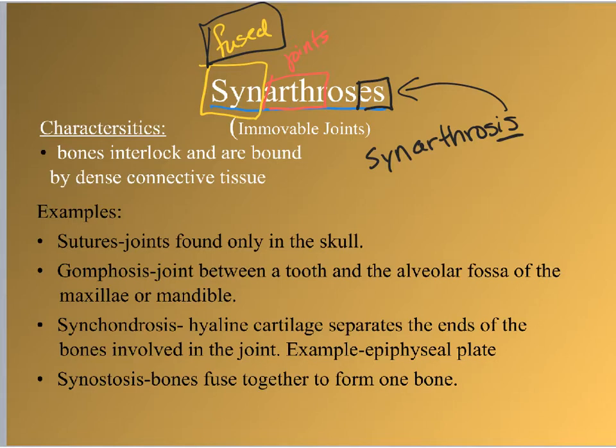One of the characteristics of synarthroses is that the bones are interlocked and bound together, held together by dense connective tissue. The bones have grown into one another, but they are also being held together by dense connective tissue, more specifically the periosteum.